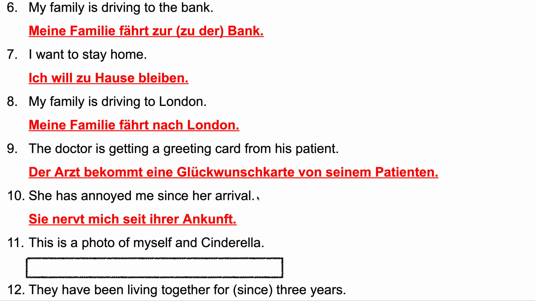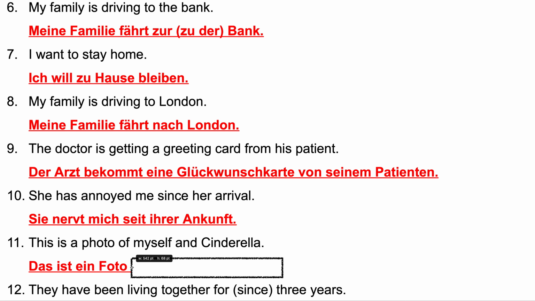Nummer 11. This photo is of myself and Cinderella. Why do you have a photo of yourself and Cinderella? I don't know. "This" would be das in this case, because it's kind of an ambiguous "that," is a photo. So you're going to use ist ein Foto. And then we want "of myself" and then Cinderella. Cinderella is not going to change except for the fact that we're going to use the German name.